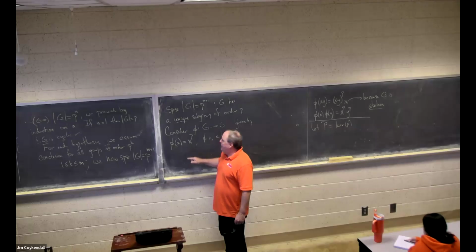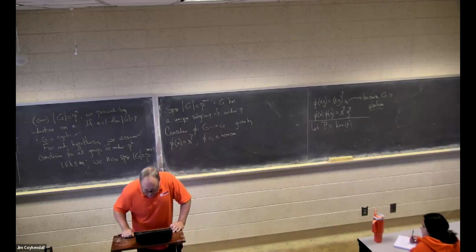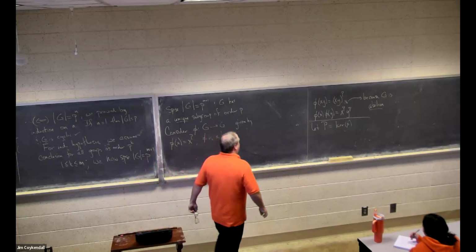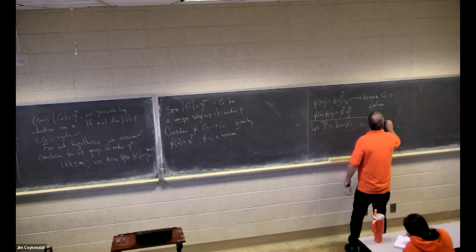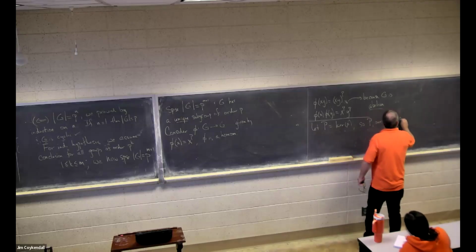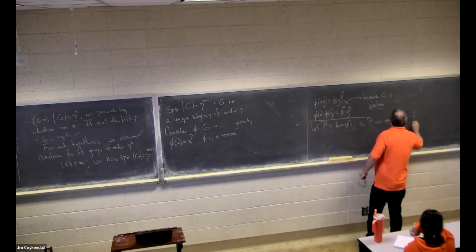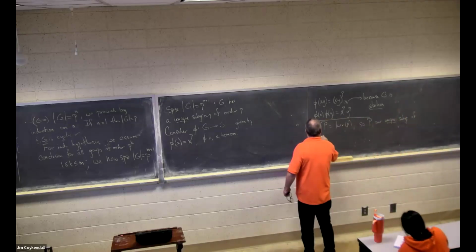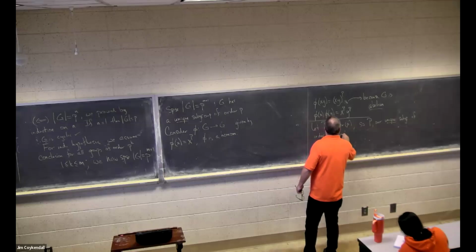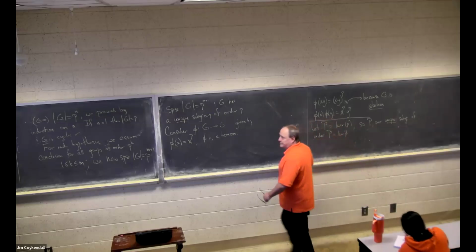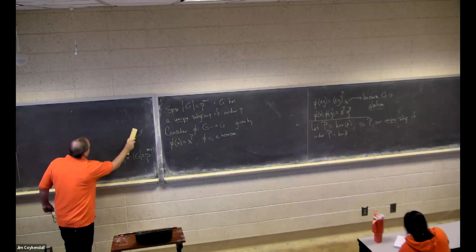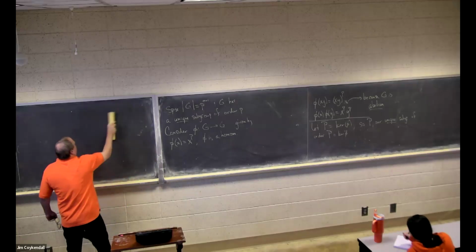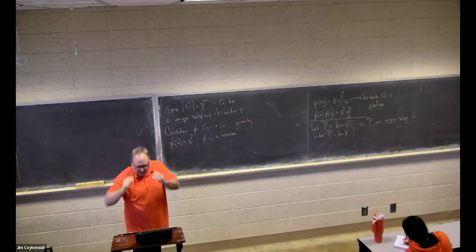And so this unique subgroup of order p is equal to the kernel, because basically what that homomorphism does, the kernel of that is every element of order p or one. And that must mean it's our unique subgroup of order p.